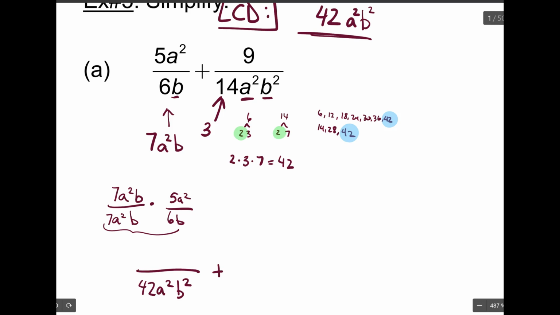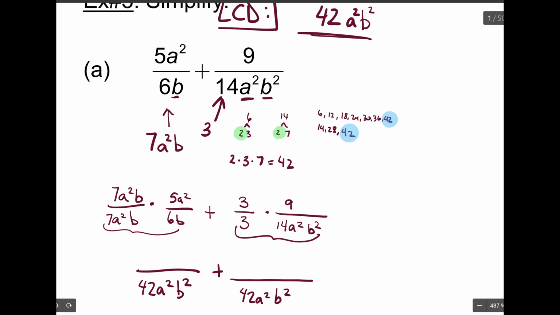So I'll figure out the top in a second. Then I'm going to multiply by 3 over 3. That's what I multiply my second term by, 9 over 14 a squared b squared. Because when I multiply the bottom by this 3, it turns into my least common denominator, 42 a squared b squared.